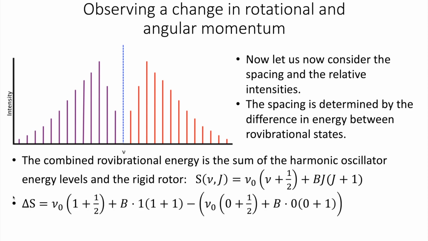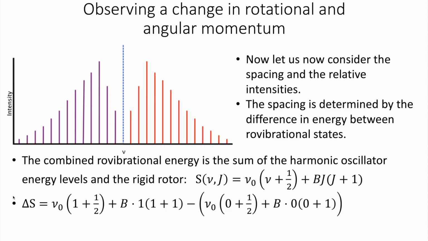So let's look at the lowest energy transition that we can look at in the rovibrational spectrum, where it goes from a lower to a higher rotational state and from a lower to a higher vibrational state. And of course, I'll remind you that all of these go from a lower to higher vibrational state. It's the rotational state that can either go up or down.